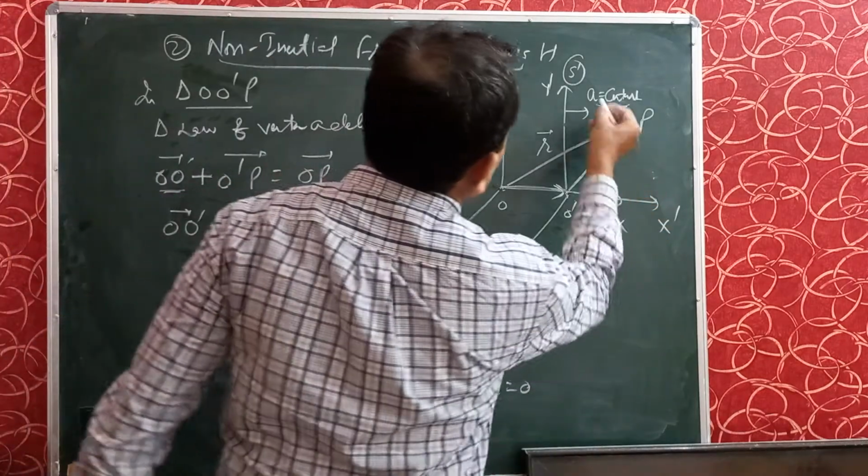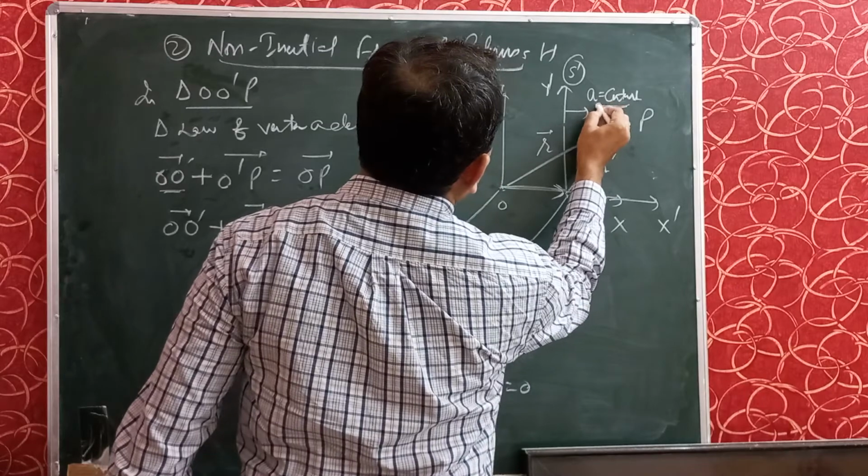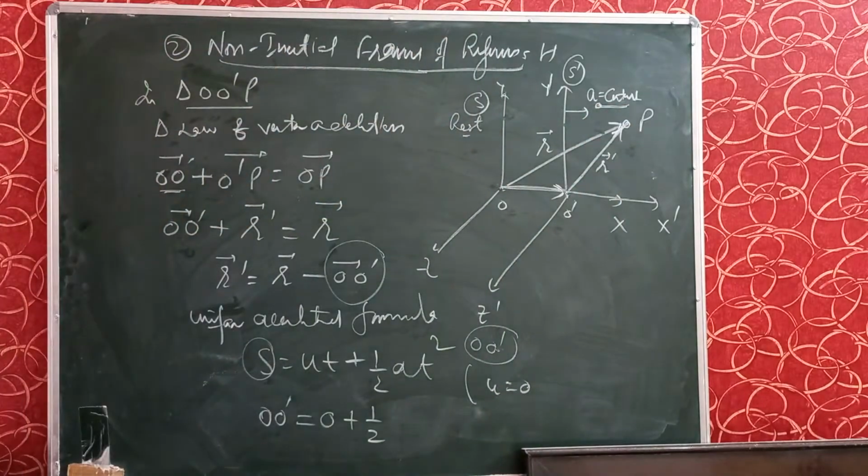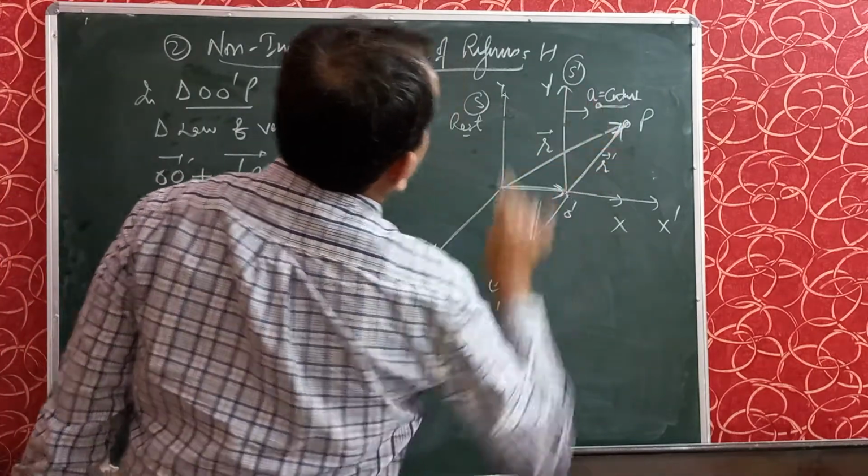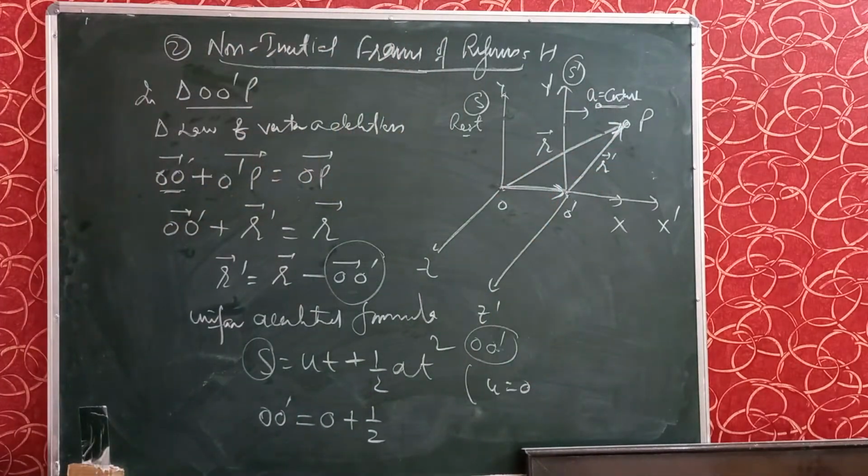Let the acceleration of this frame be a naught, a0, because a and a dash can be reserved for the motion of the particle, but the acceleration of the frame is noted by a naught. In some books it is written as capital A or a naught, and many symbols can be used for the motion of the frame.